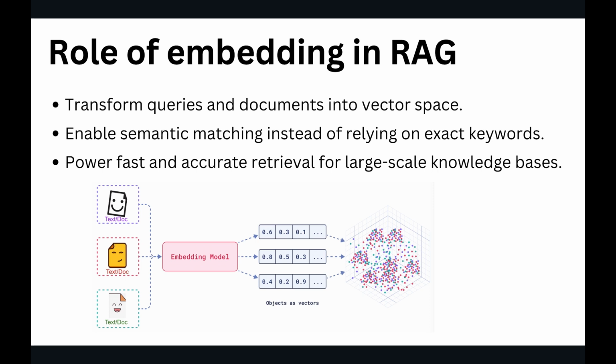So in RAG, we transform our queries and documents into vector format. We pass them through an embedding model, and it gives us the embedding representation of those queries and documents. Once a query comes into the model, it tries to find the most similar embeddings to that query in the vector database.